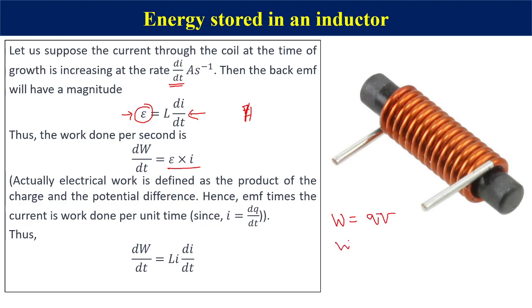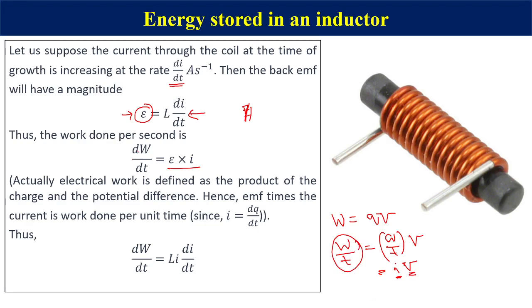But if you go by W upon T, then write Q upon T into V. So Q upon T is the charge per unit time, which is nothing but I into V. So basically the product of current and the potential difference is going to give you work done per unit time. So this is the analogy that has been followed here.